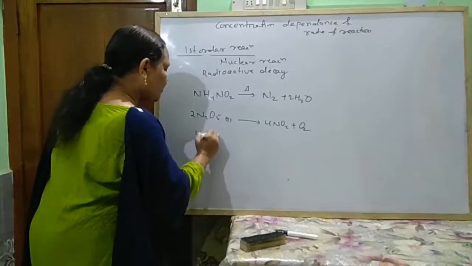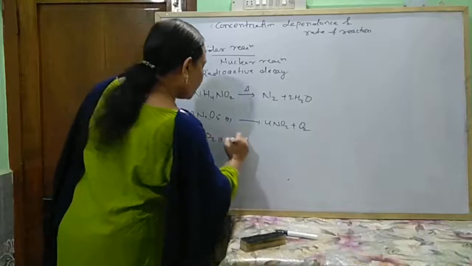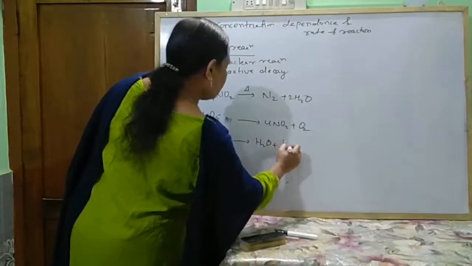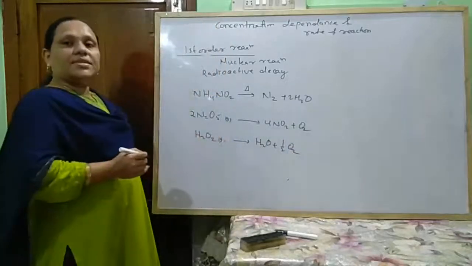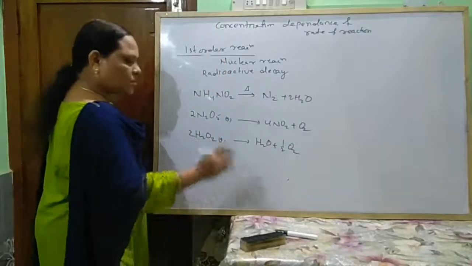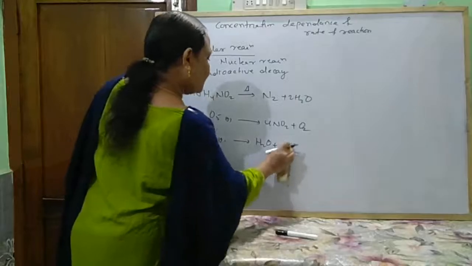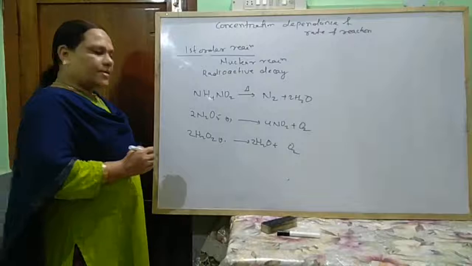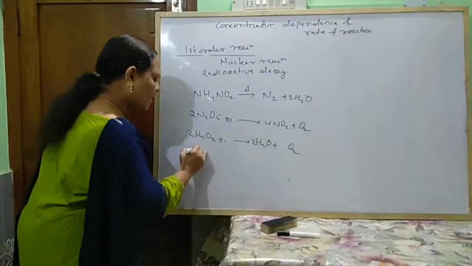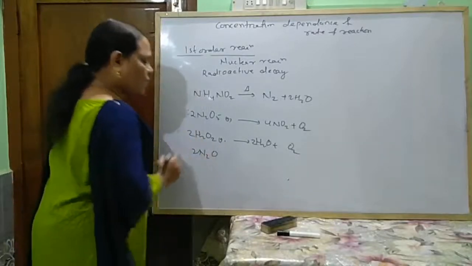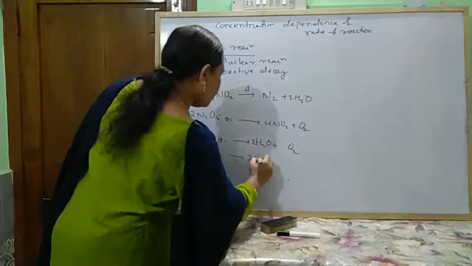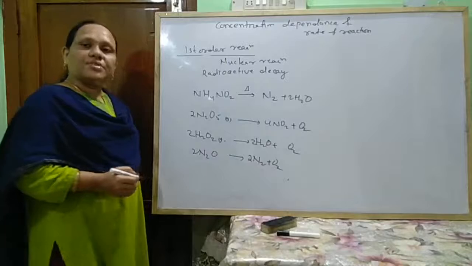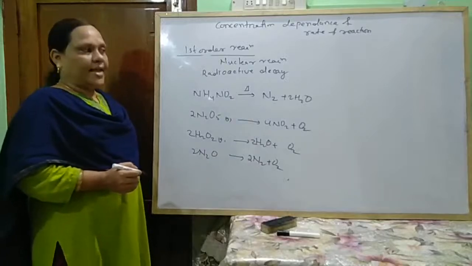Similarly, H2O2 gas gives H2O plus half O2; or you can write 2H2O2 gives 2H2O plus O2. And similarly, 2N2O gives 2N2 plus O2. So these are some examples of first order reaction.